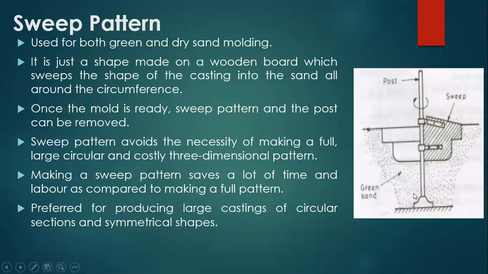Green sand means molding sand having moisture: silica sand, binding material and moisture, that mixture is called green sand. Initially the green sand is rammed inside the flask, and the post is inserted, and about that post we rotate the sweep, which is made of wood. That's why the cost is low, so that you can prepare a three-dimensional mold cavity without using a three-dimensional pattern.